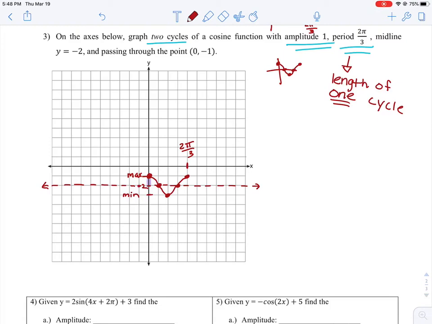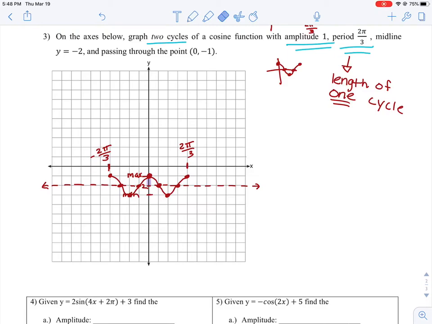Let's just go this way. 1, 2, 3, 4. Well, if I went right and that was 2 pi over 3 for 1 cycle, this is going to be -2 pi over 3 for 1 cycle. And that is 100% one way that you can do this.